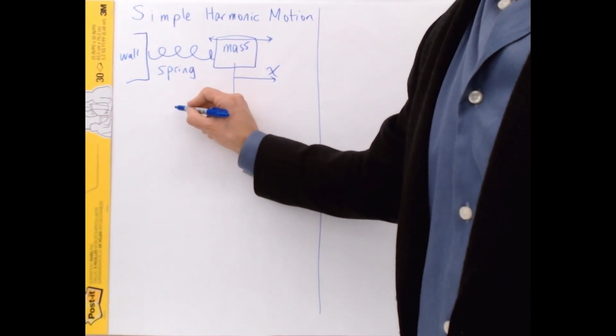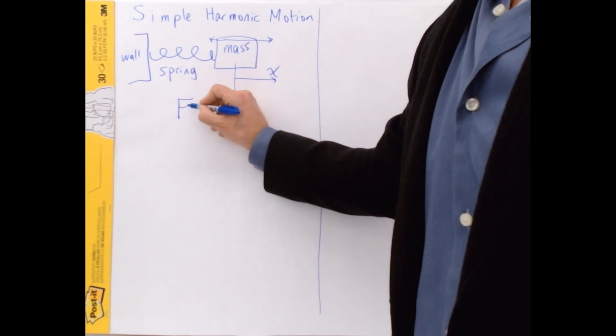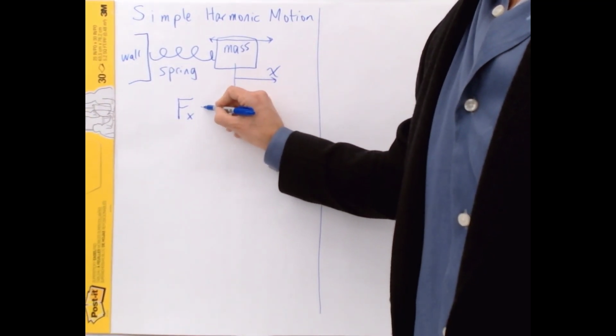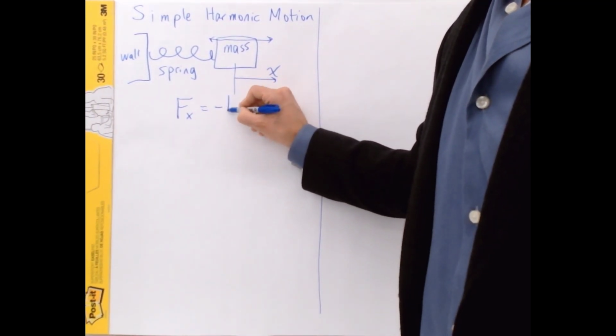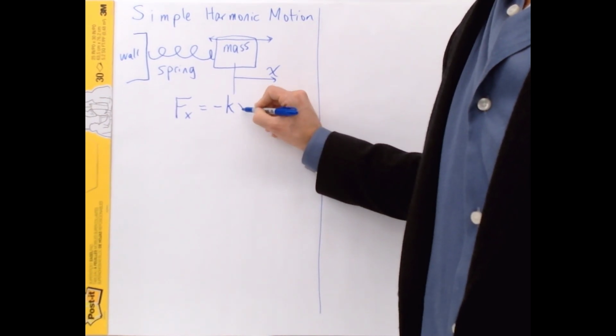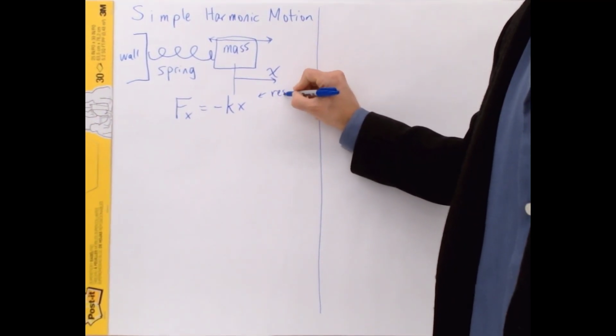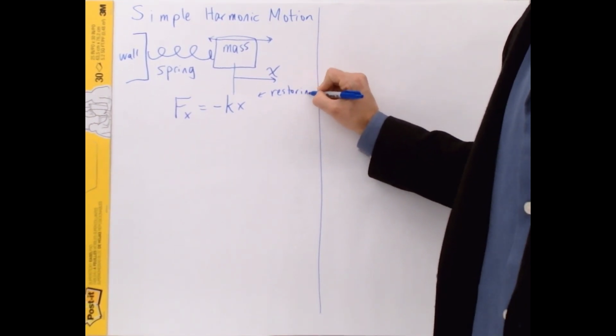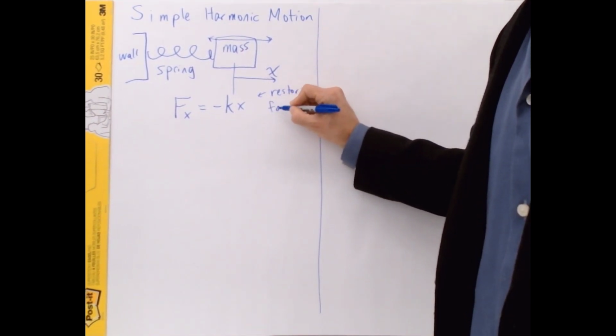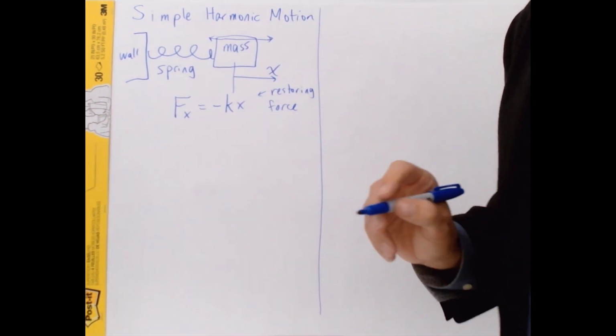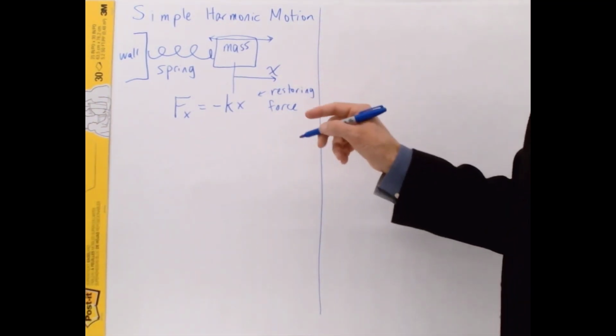And what happens is that there's a force from the spring onto the mass, which is called F sub x, is negative k times x, where k is the spring constant. And this is what is called a restoring force, because it restores the position of the mass back towards the origin.